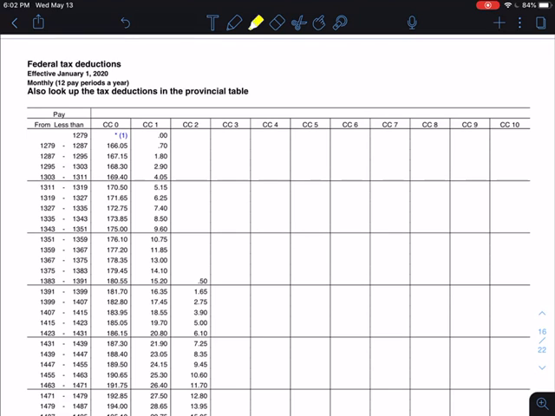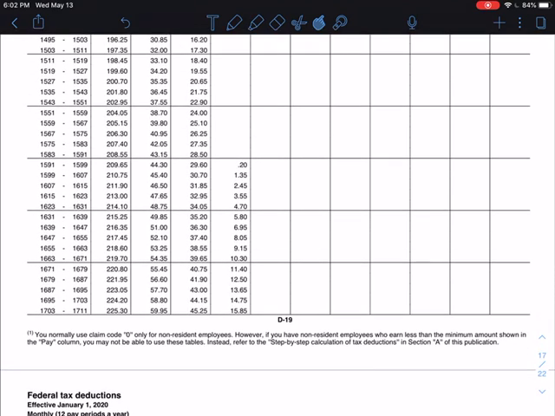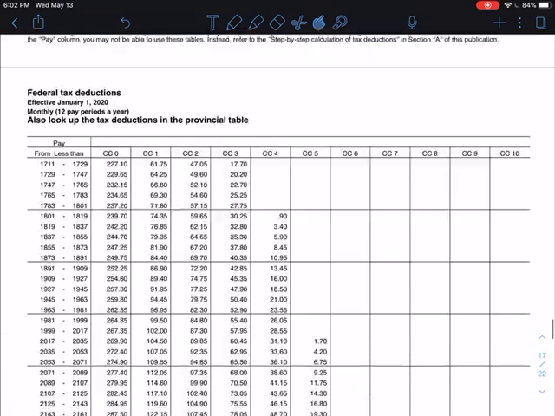That's good. The next thing we want to do is take a look at this column here, pay. We want to look at the column with all these numbers until we find the number we're looking for, which is the monthly salary, in this case 3,830. So we're going to scroll down, and I'm only at 1,700, so I'm going to keep going.